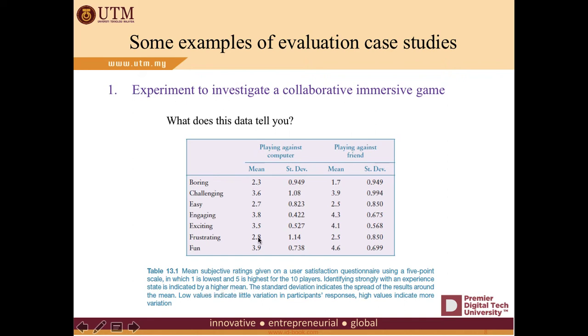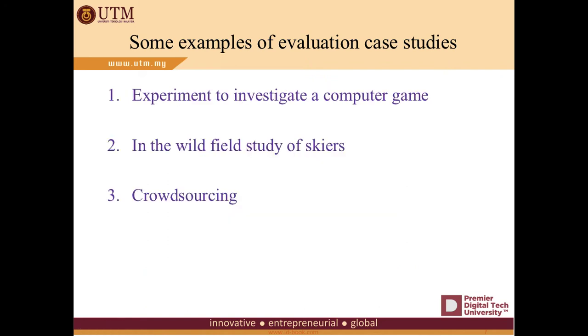The higher the mean, the higher the tendency to be boring, challenging, and so on. The standard deviation indicates the spread of the results, meaning the gap among all the participants around the mean. Low values indicate little variation in the participant responses. High indicates more variation. So that's what it means for the first case study, the first experiment on computer games.